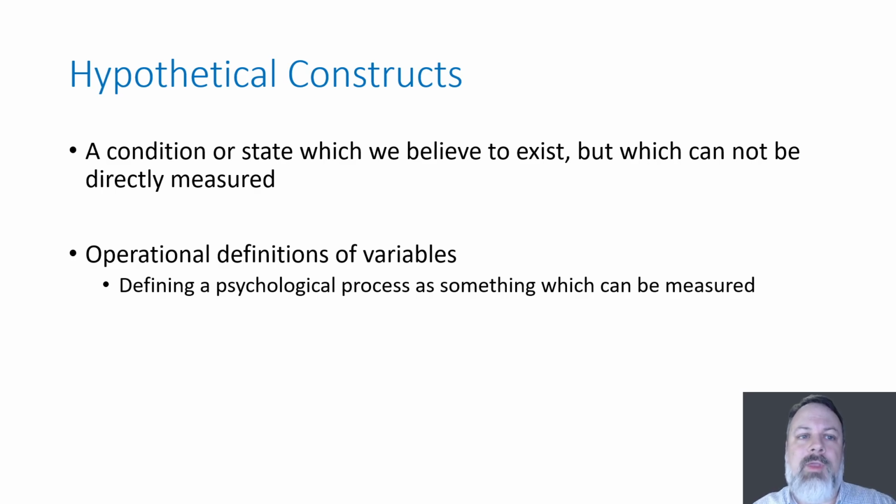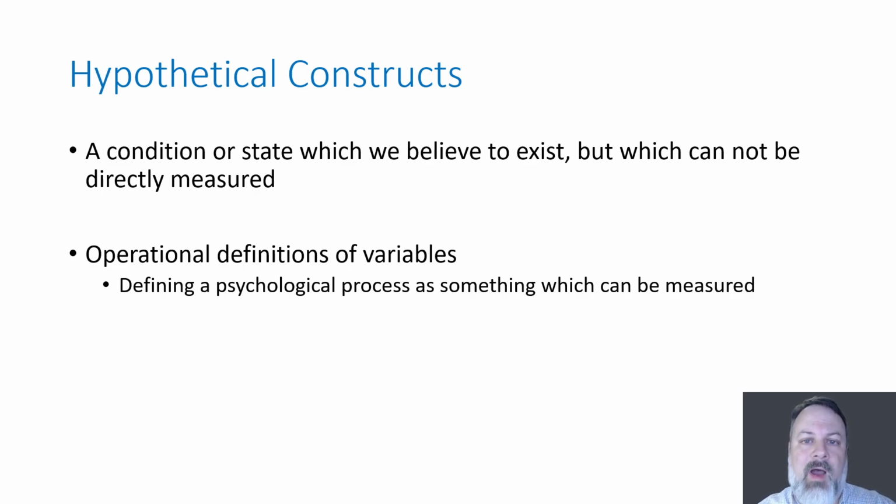And so to do this, we have to develop things called operational definitions. This is where we take a psychological process and we define it as something to measure. So if we want to measure intelligence, you could say a person's score on an IQ test will be our operational definition of intelligence.